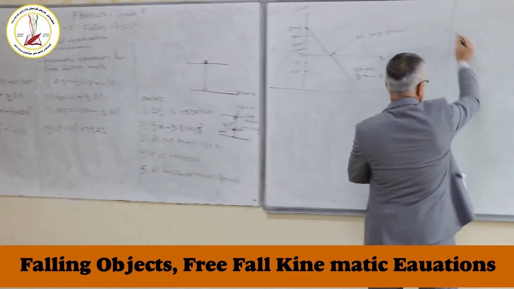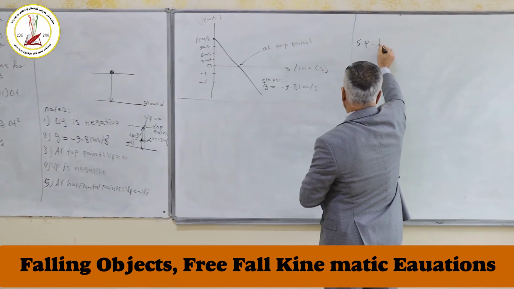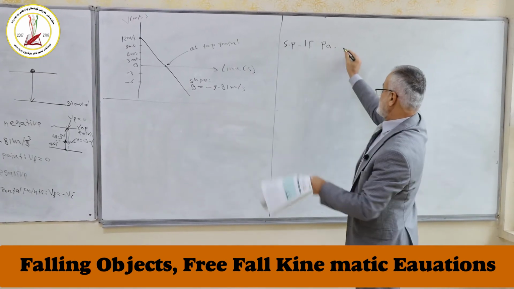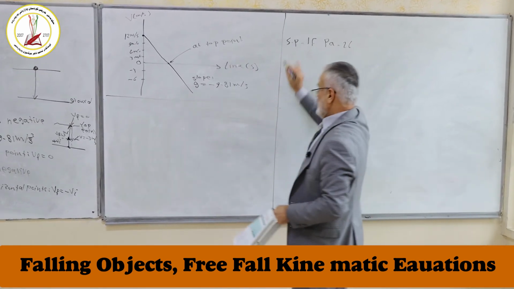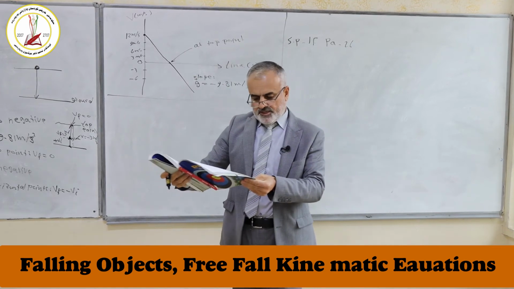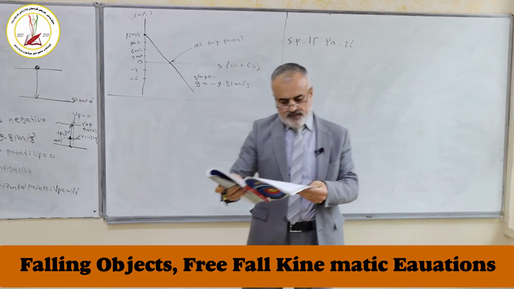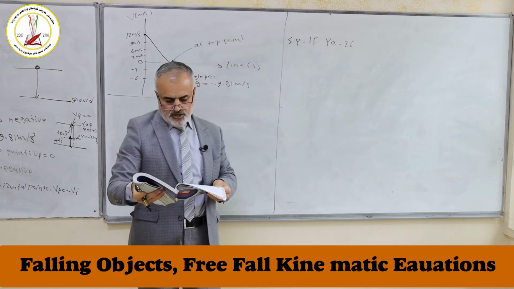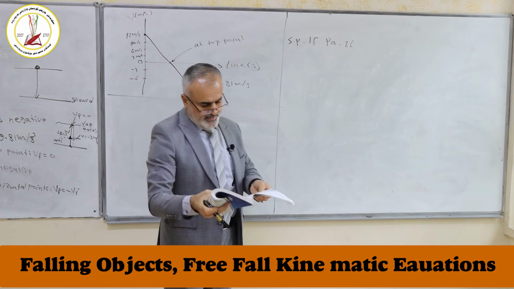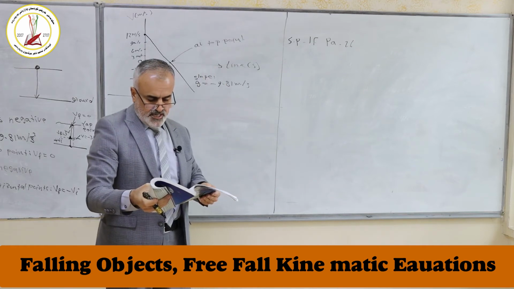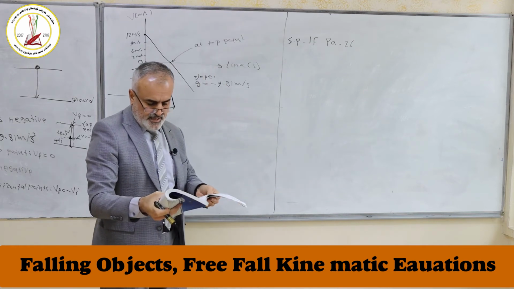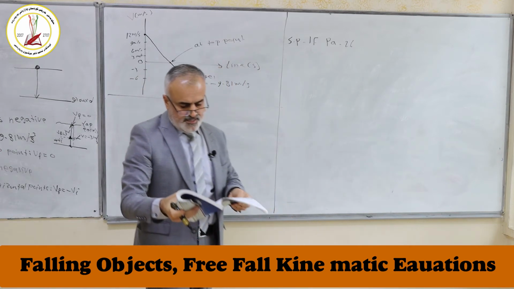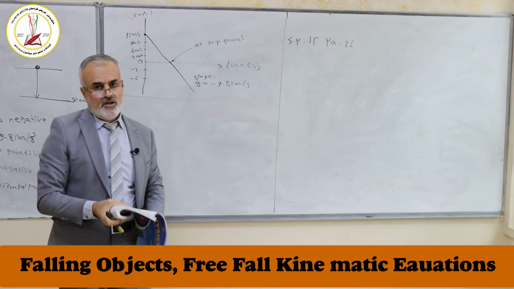So sample problem 1F, page 26. The question says: Bawan hits a volleyball so that it moves with an initial velocity of 6 meters per second straight upward. If the volleyball starts from 2 meters above the floor, how long will it be in the air before it strikes the floor?